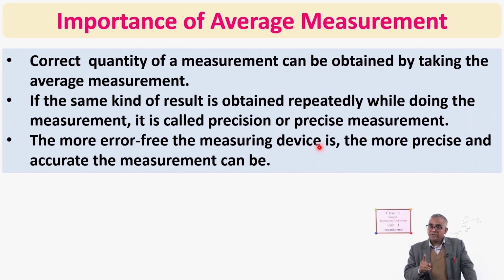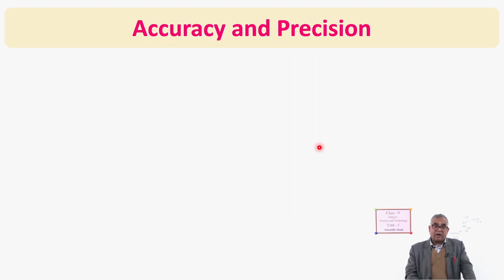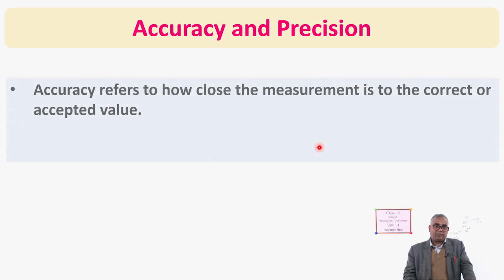But remember, accuracy and precision are not the same thing. They are a little bit different. Precision and accuracy are closely related, but their meanings are different. You have to understand the difference also. Accuracy refers to how close the measurement is to the correct or accepted value.